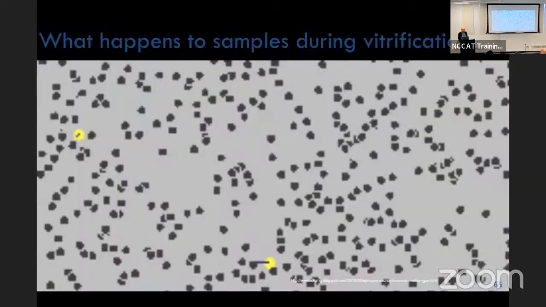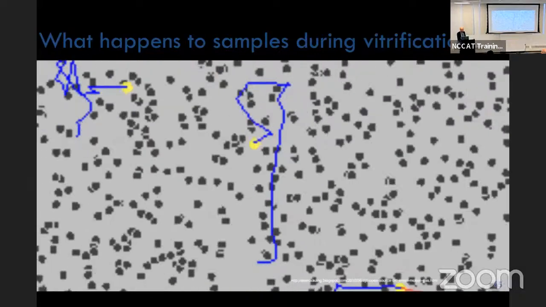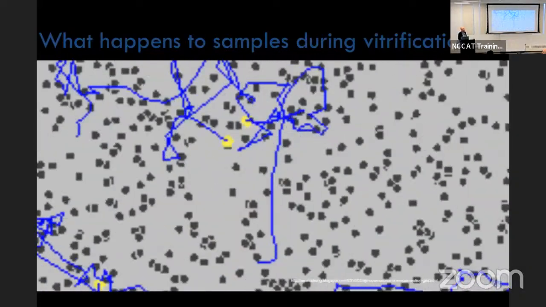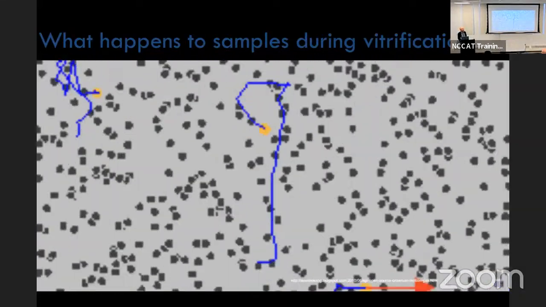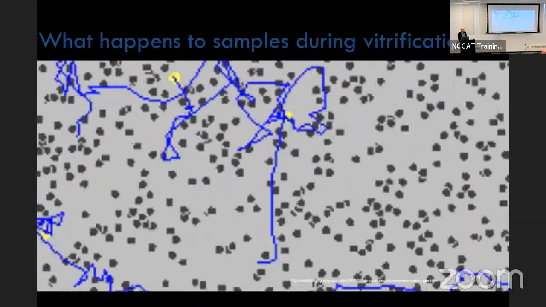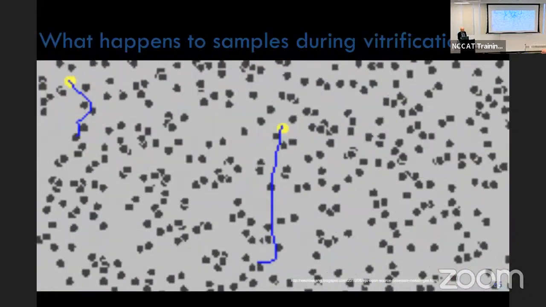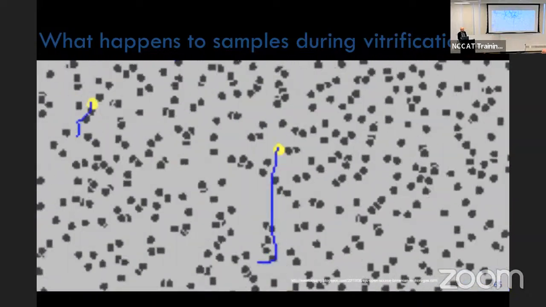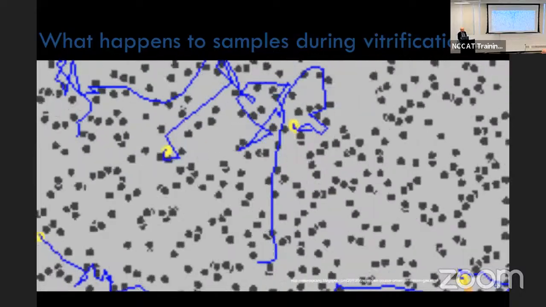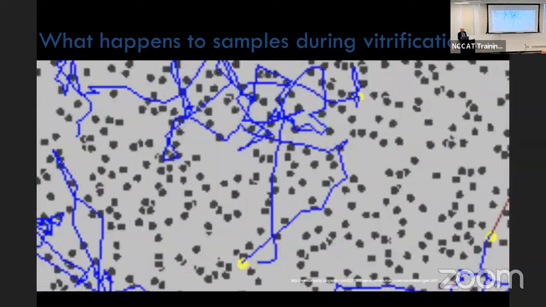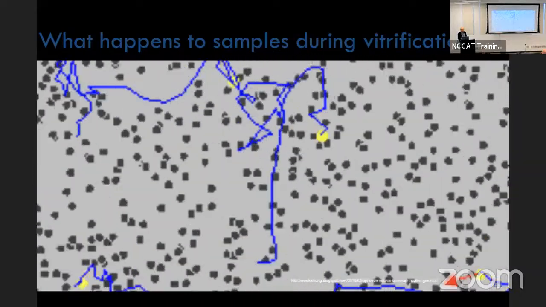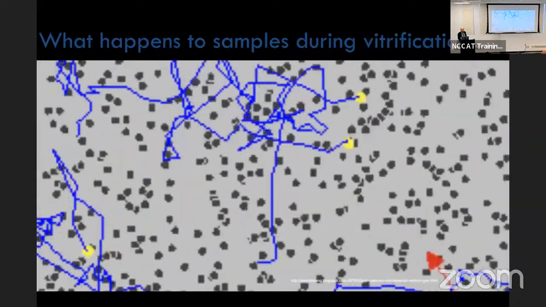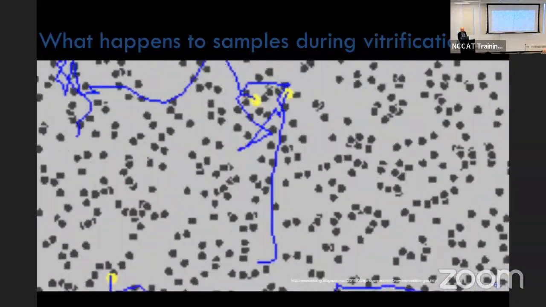Okay, so I'm going to skip a few things just for the sake of time, but you can think about that. I showed you a particular movie of the sample in solution, and we try to thin it down. What we tend to do is go from our tube with low surface area and high volume, to high surface area and low volume on our grid before we freeze it.